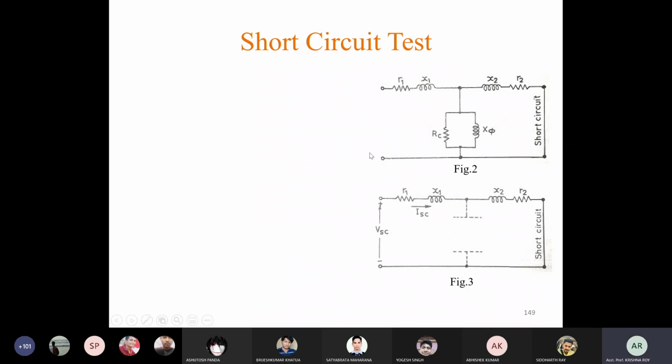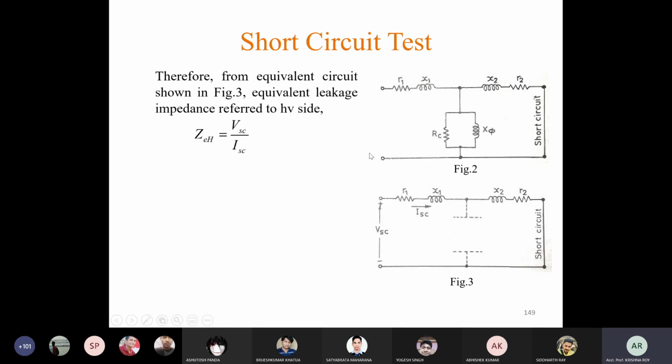Now calculation. These parameters are calculated from the high voltage side, that is why this H subscript is used. So ZEH is equal to VSC by ISC. ZE is the total or equivalent impedance of this transformer referred to the high voltage side.